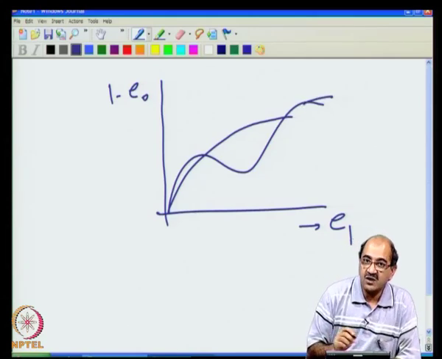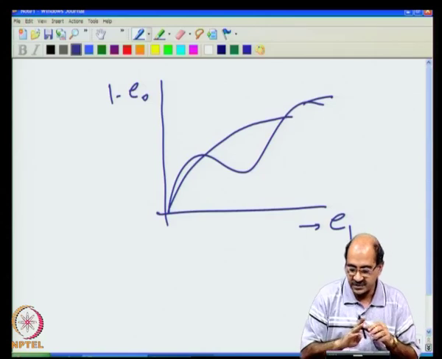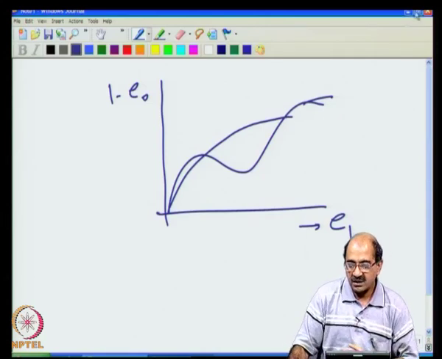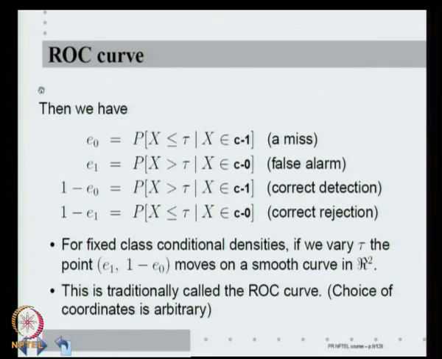Such curves are called receiver operating characteristic curves. Okay. Now, the choice of coordinates is arbitrary, but this curve, when for various tau you put the point E 1, 1 minus E 0, is called a receiver operating characteristic curve. Okay.